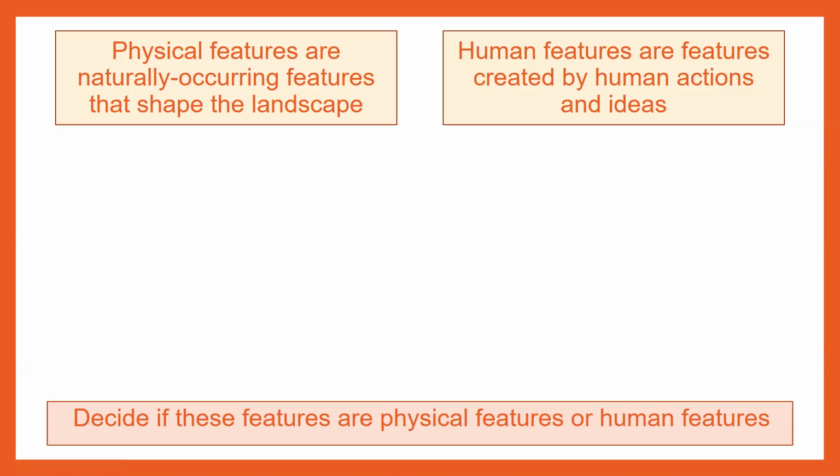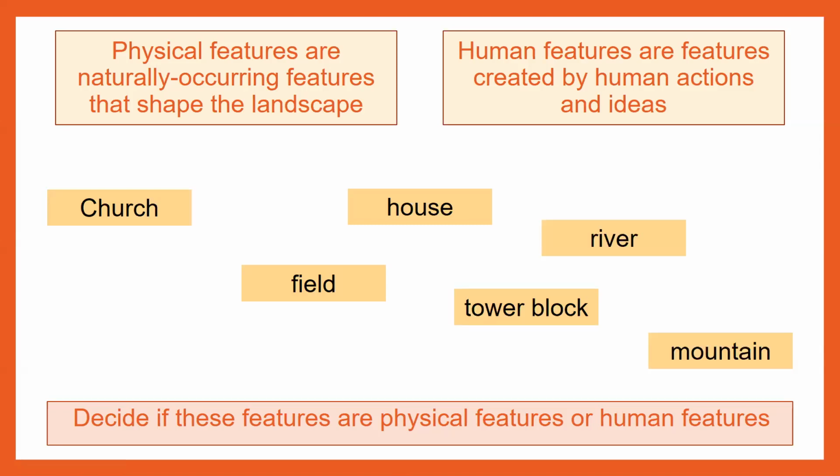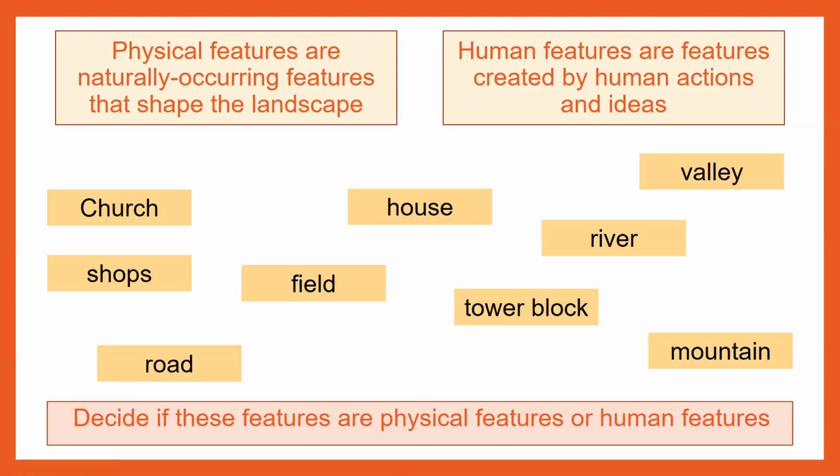We're going to decide if some of these features are physical features or human features. We've got church, field, house, tower block, river, mountain, road, shops, valley, bridges, and trees.